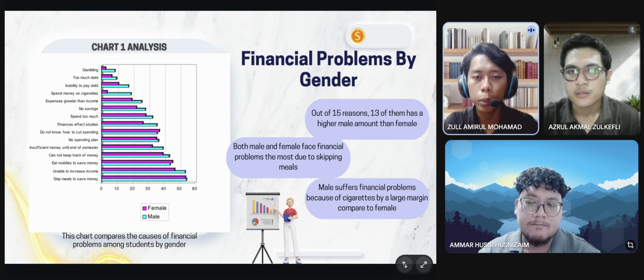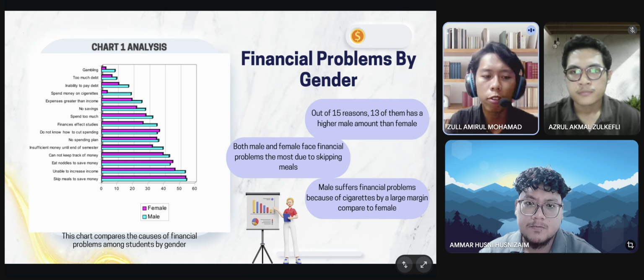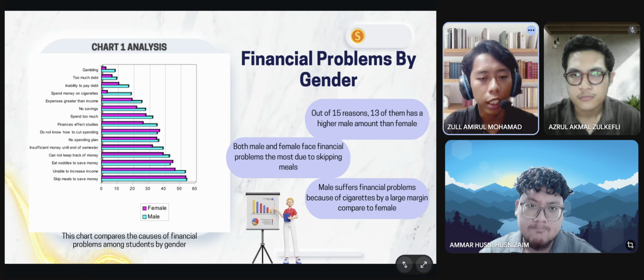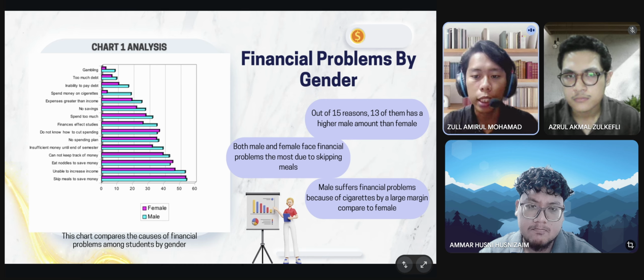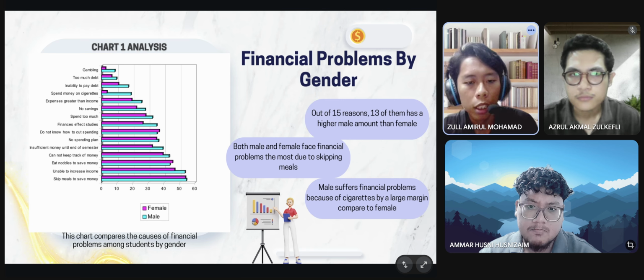Next, I'm going to present the first chart, which compares the causes of financial problems among students by gender. There are a total of 15 reasons, and out of those 15 reasons, 13 of them have a higher male amount than female. This shows that male students have a higher rate of incurring financial problems among themselves.